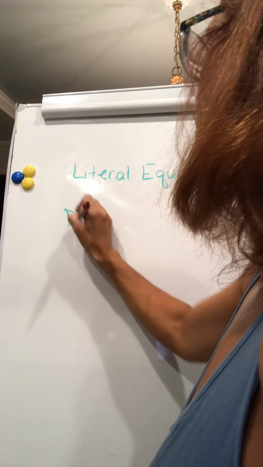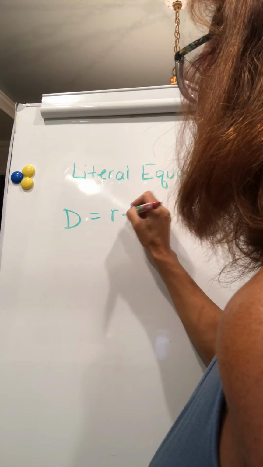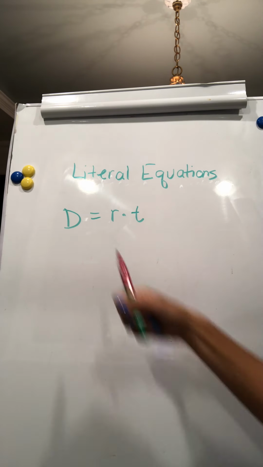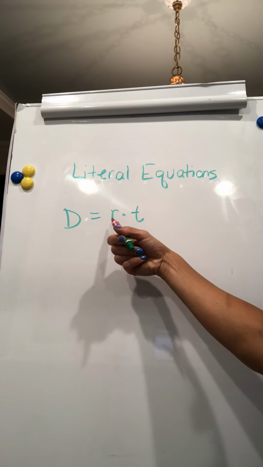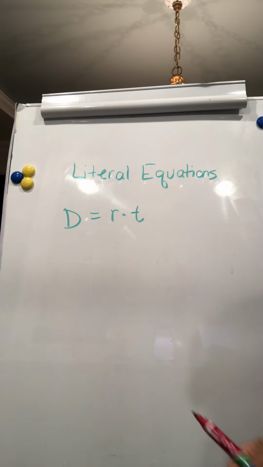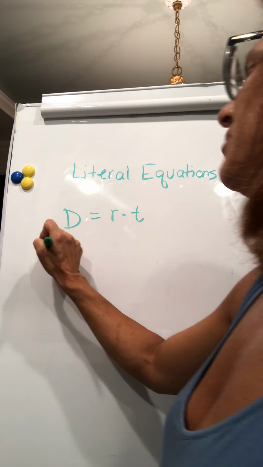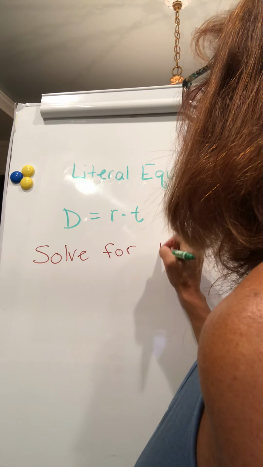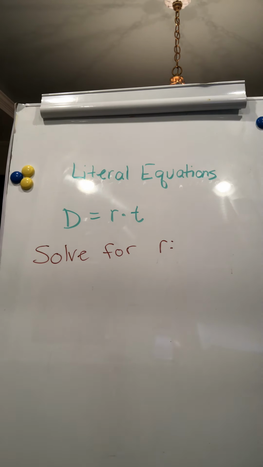So for example, d equals r times t. It literally is a definition of distance. Distance is rate times time. Sometimes though we're given the distance and the time and we want to solve for rate. So you might have an example where you want to change your formula and solve it for a particular variable.